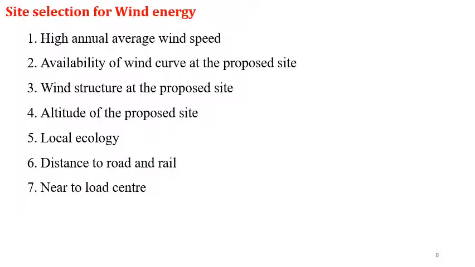And it should be near the load center, the point of application, otherwise the transmission cost will increase. And finally, favorable land cost is very important, and the nature of the ground is also very important to know before setting up wind power.